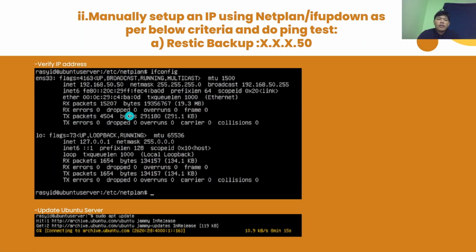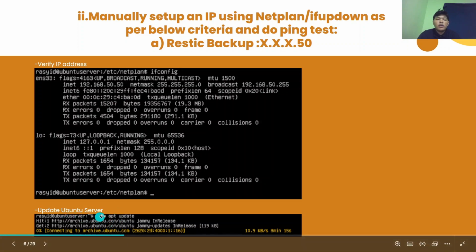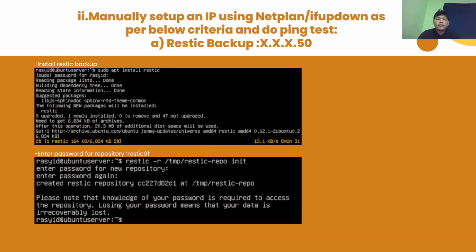To verify the IP address, we use the command ifconfig to check if the IP address is updated. If updated, the IP address is 192.168.50.50. After that, we update the Ubuntu server with sudo apt update.